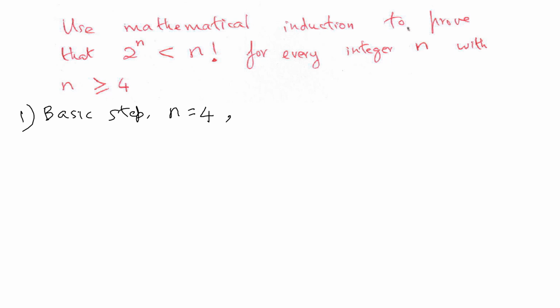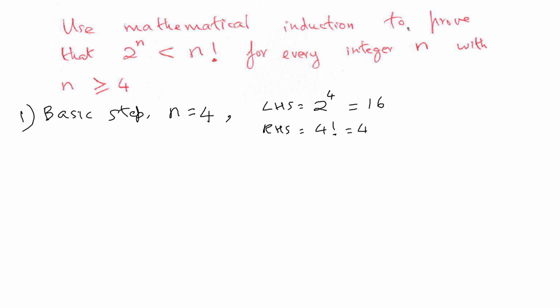So what does it mean? You see the left hand side of the given equation 2 to the power n. So left hand side is 2 to the power n. N means how much? 4. So what is 2 to the power 4? 2 to the power 4 is 16. So what is the right hand side? Right hand side is n factorial. That means in this case it is 4 factorial.